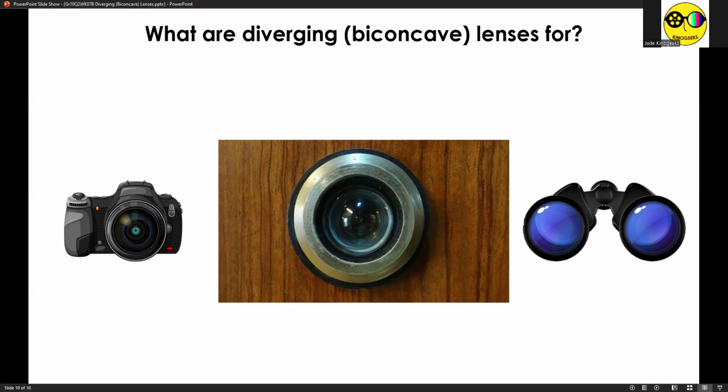Some, because peepholes are not common everywhere, no? Because the peephole allows us to see who knocks at our door without us actually having to open the door, no? So as you can see, when you look through the peephole, the image is always reduced and it's always upright, just like what we had in our loss interpretation.